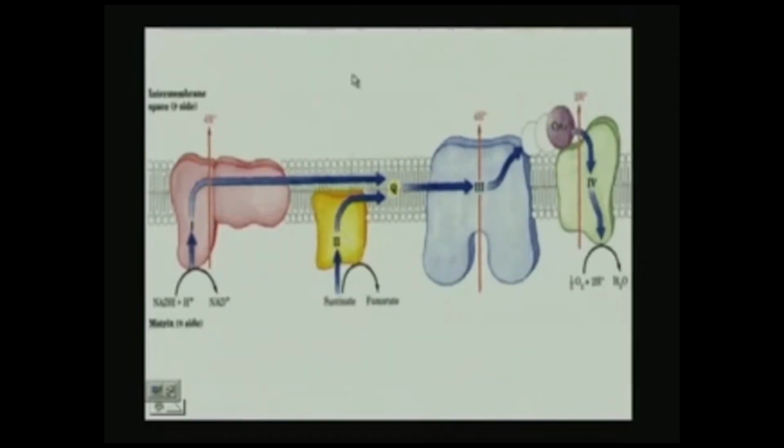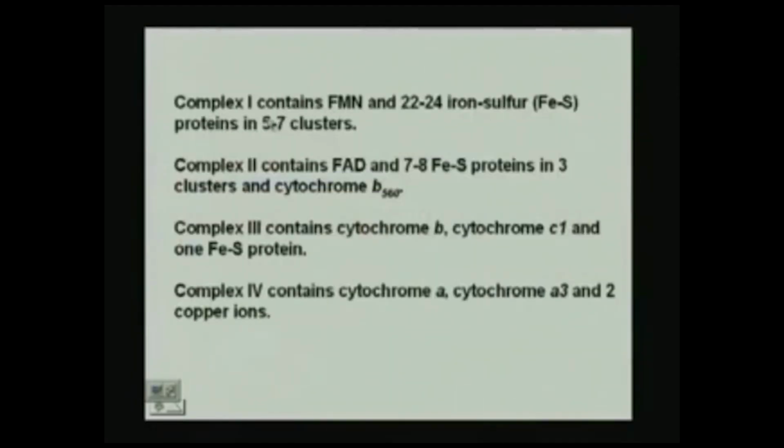Okay, we will see that in a moment. Complex 1 contains FMN. What is FMN? FMN is flavine mononucleotide, and it has 22 to 24 iron sulfur proteins present in clusters. So, that is what complex 1 is. Okay? And apart from that, we are going to see what else it contains.